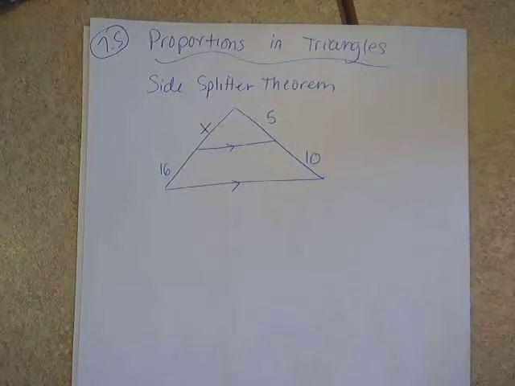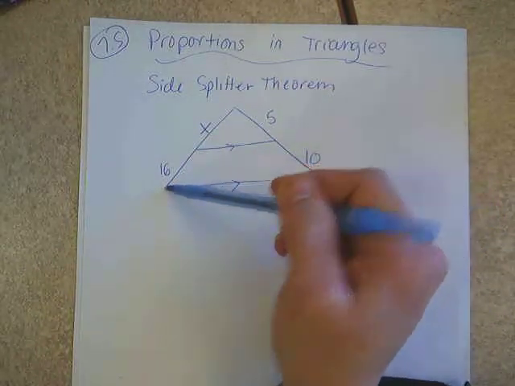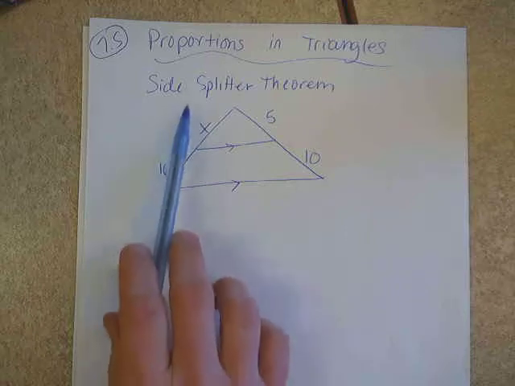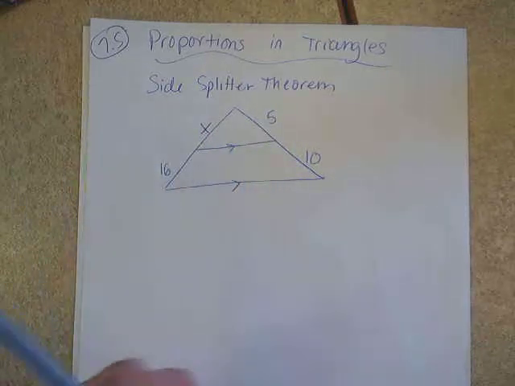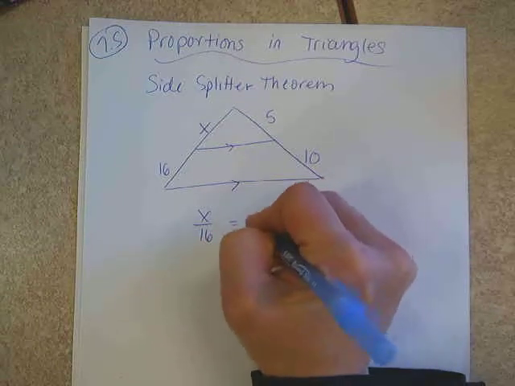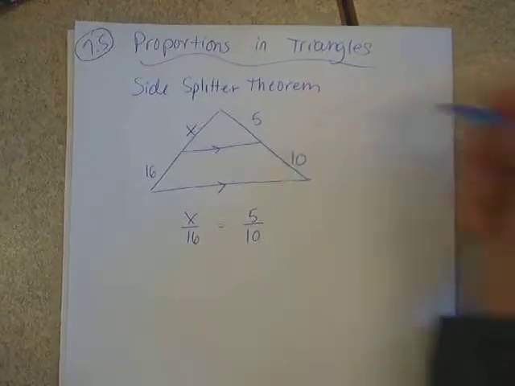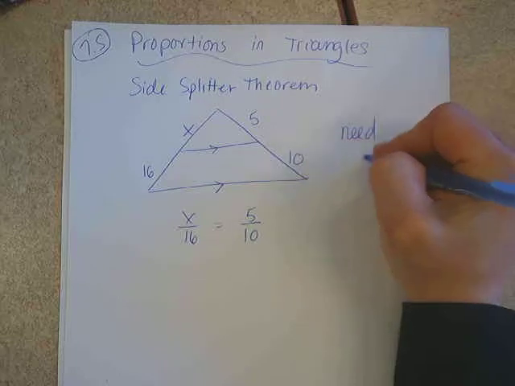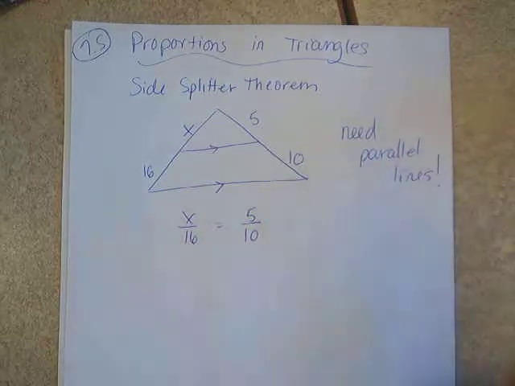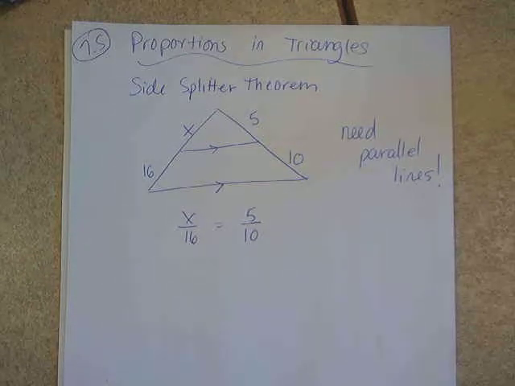These parallel lines tell us that x over 16 should equal 5 over 10. So you can almost see the proportion there, all right? So we have x over 16 equals 5 over 10. The key here is you need the parallel lines in order to do this.